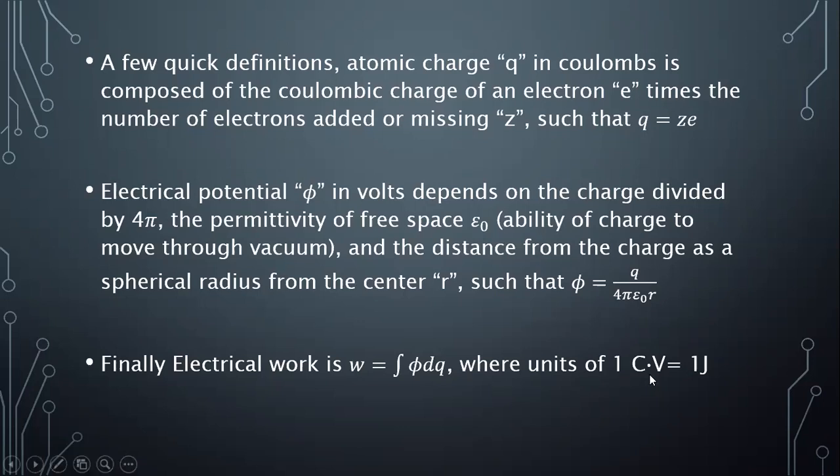Q is in coulombs and potential is in volts, and coulomb volts becomes a joule. So we're integrating that. How does this change when we integrate Q?